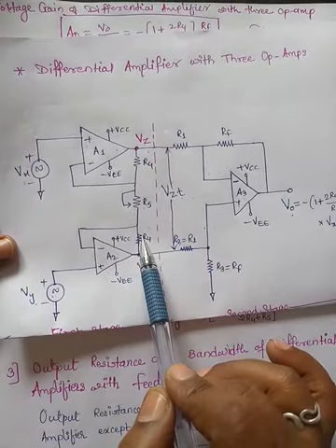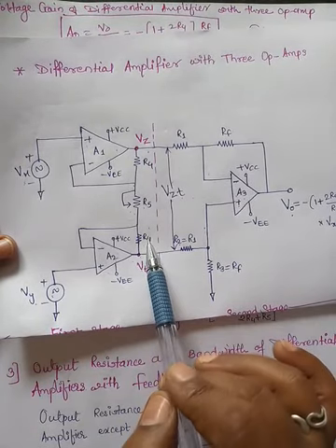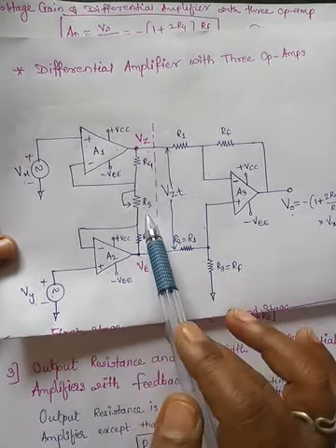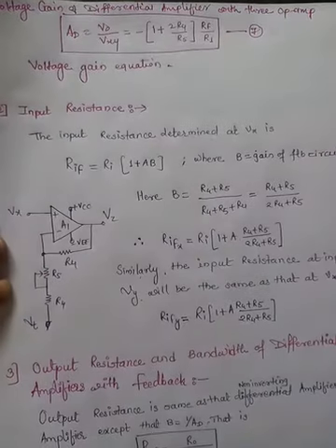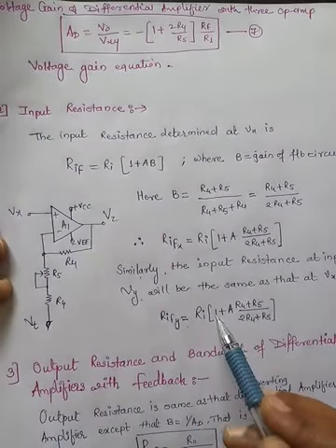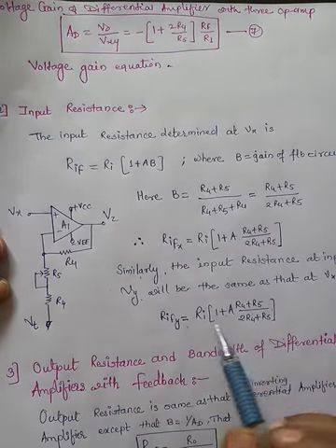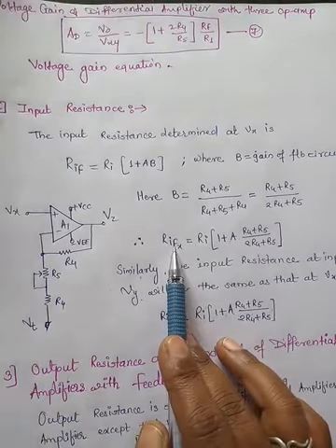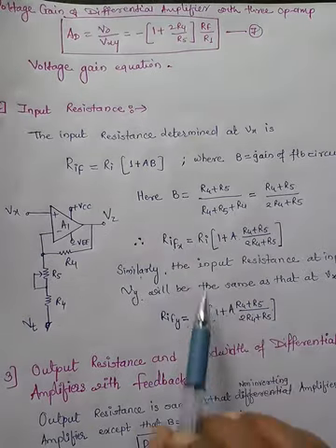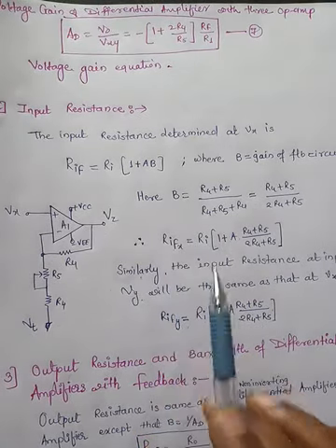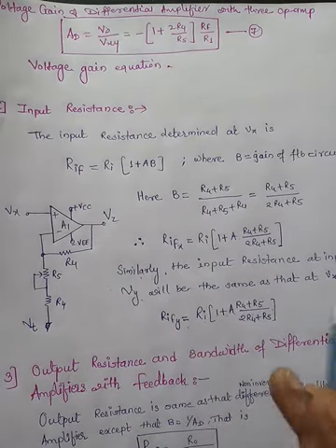B will not vary because the feedback resistor is R4 and R1 is R4 plus R5. So RIFY is Ri into bracket 1 plus AB. B is the same for both cases. So the input resistances into both of the input terminals are the same here. RIFX is equal to RIFY.